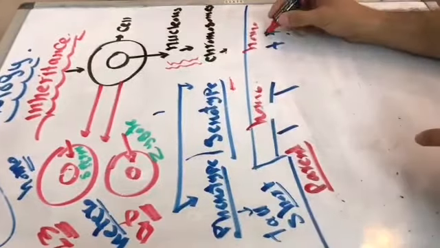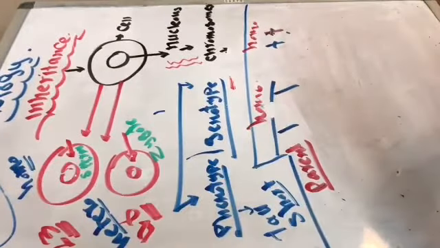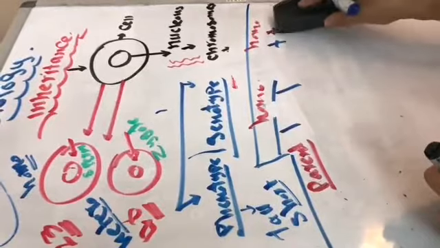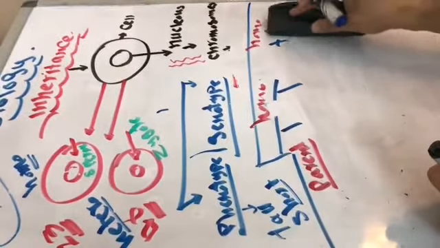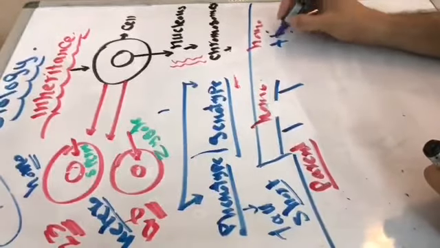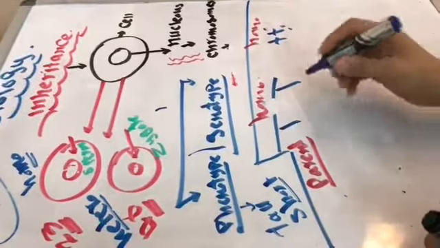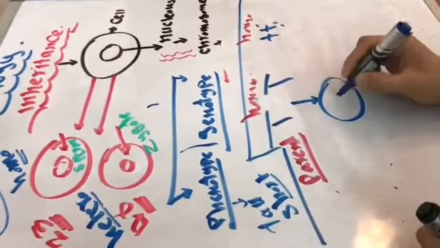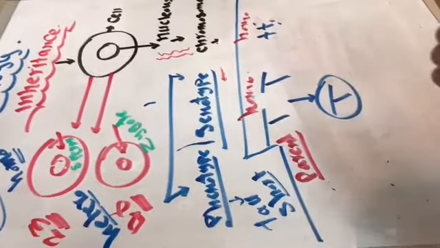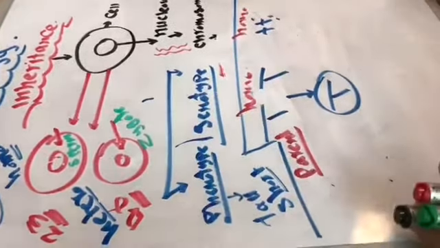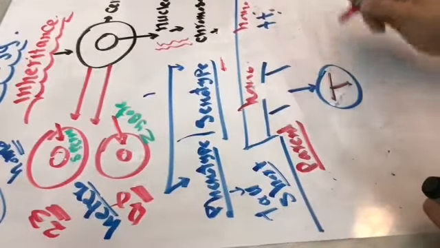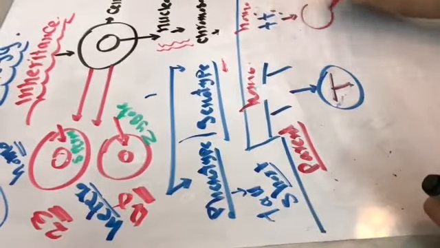Homozygous means having identical alleles. So follow me. Each parent produces gametes. Homozygous produces one kind of gamete, the same type, T large. And the other produces another gamete, t small.